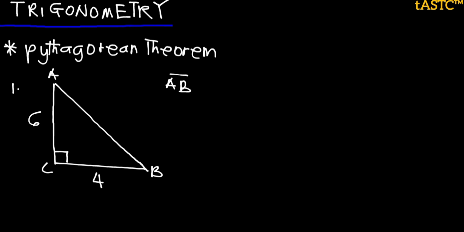Now, as far as we have this symbol represented here, that means this is a right angle triangle. In order to solve it, we need to use the Pythagorean theorem. So from the Pythagorean theorem, the hypotenuse squared is equal to the adjacent squared plus the opposite squared.